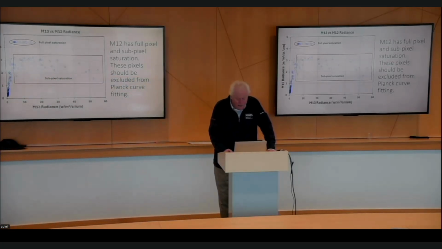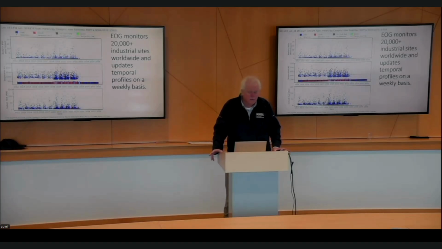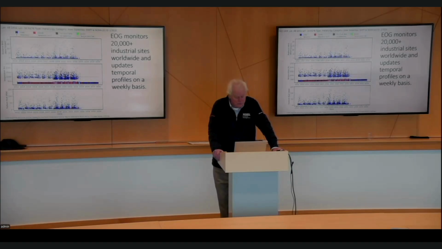All right. One of the things that we do with all this VIIRS data is to identify persistent infrared emitters. These are not wildfires. These are industrial sites, volcanoes, gas flares, and we have a catalog with about 20,000 of them.